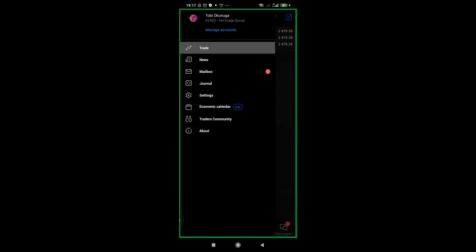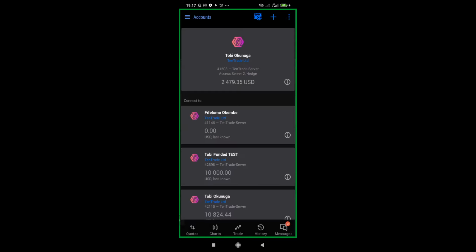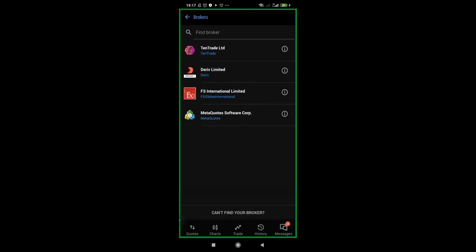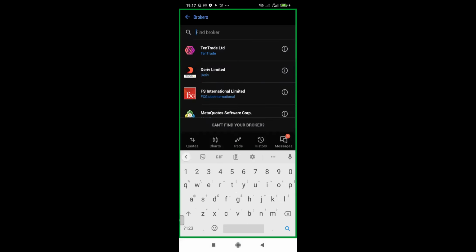So click on the 3 lines, you click on manage accounts, and then you click on plus at the top to add accounts. Find broker, you search for TenTrade. And then you see TenTrade Ltd. There'll be a lot of broker names there by default, but you want to select the broker that you are trading with.